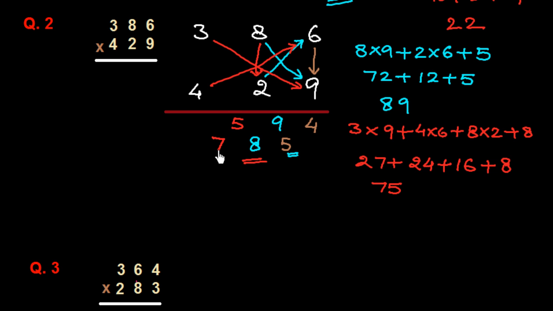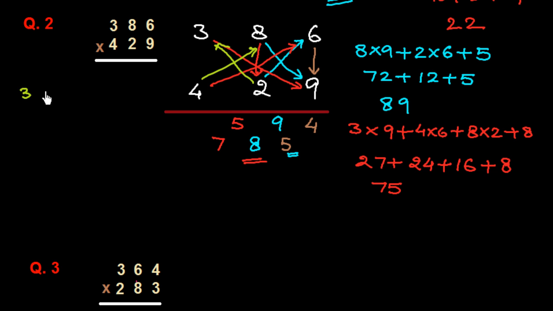and 7 carried. Now we have to crisscross multiply these two columns, column 1 and column 2. Only diagonally we have to multiply this. So we multiply in this way. I explain here on the left side.